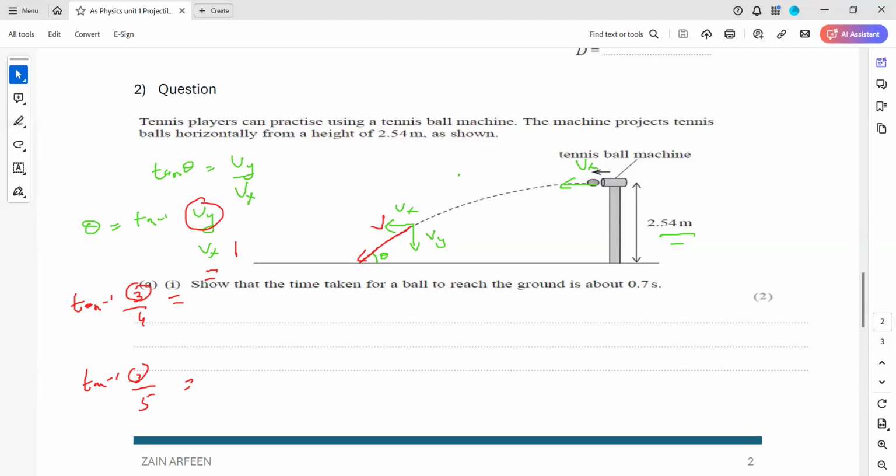So when you increase this x, what happens to the angle? What is the value for tan inverse 3 by 4? 36. And what is the value of tan inverse 3 by 5? 31.